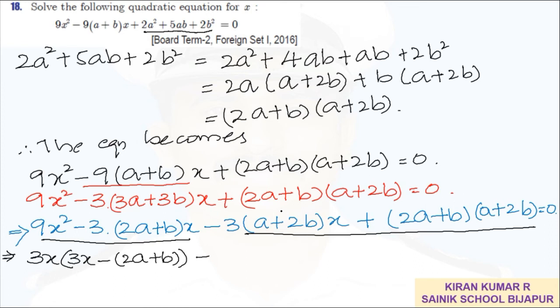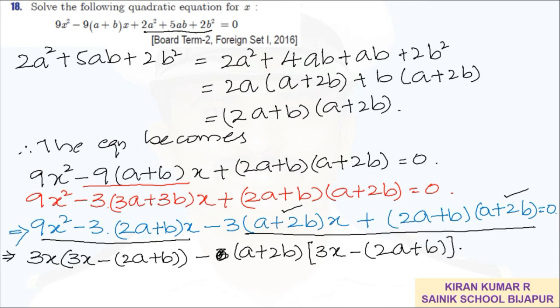Minus, in these two terms we have a plus 2b, so a plus 2b I'll take common, will be left out with 3x minus whatever remains you have to write, 2a plus b remains equal to 0.